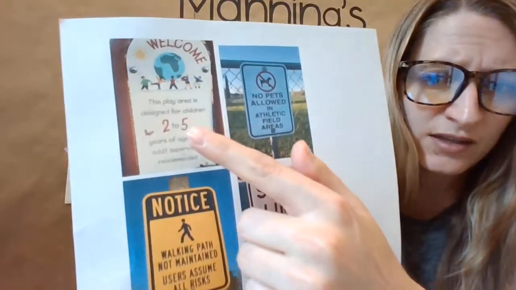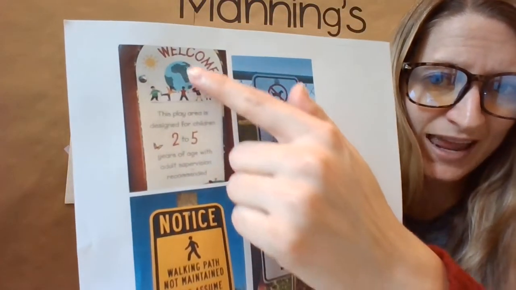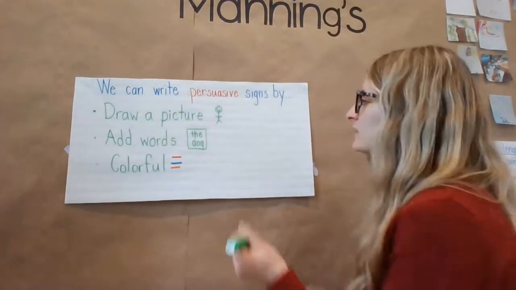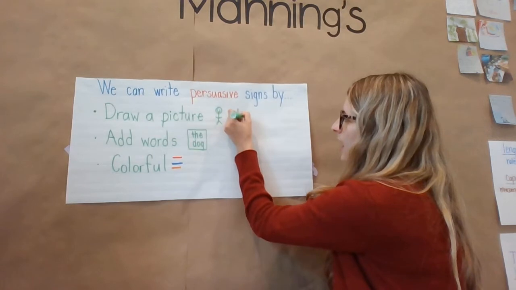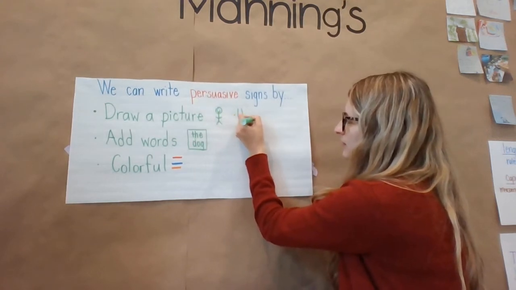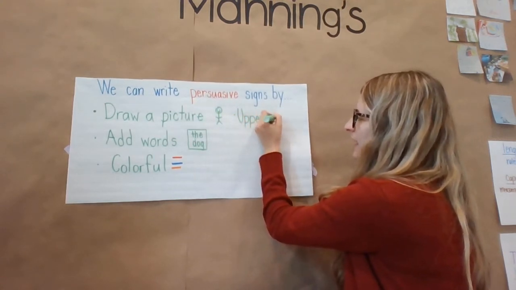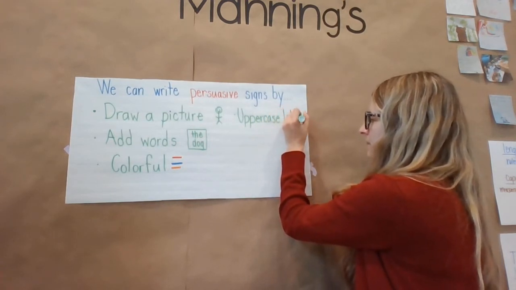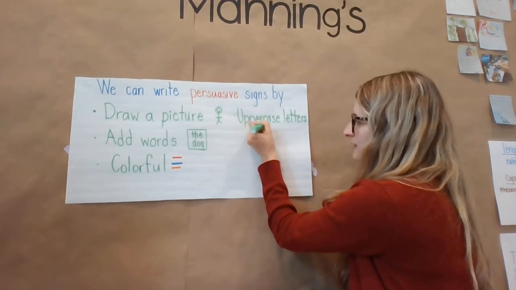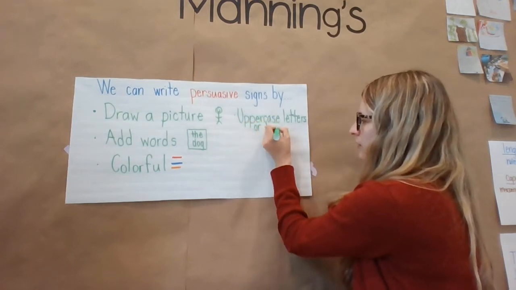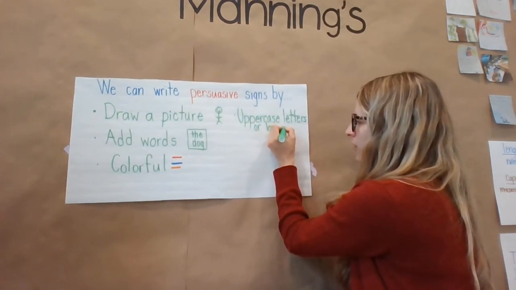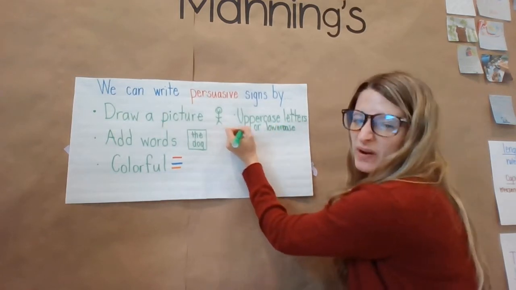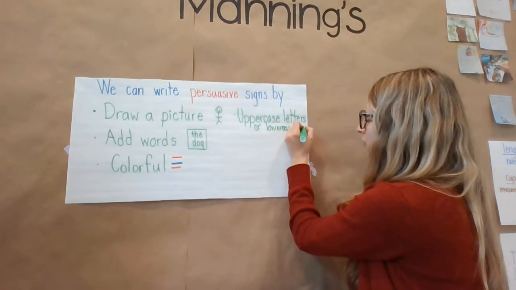It looks like this is the only one that has lowercase and uppercase. So it's okay when you're doing a persuasive sign to use uppercase letters. Or lowercase, right? They used both. So I'm going to show capital A and lowercase a because you can use both.